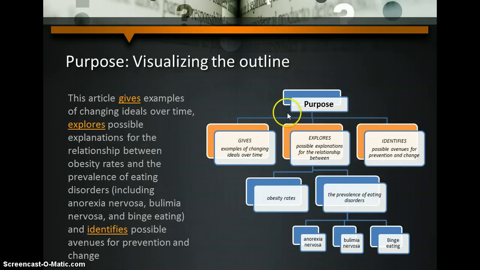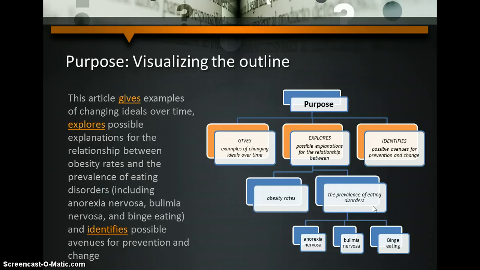And we can create a graph of this, or a graphic organizer. So we have gives, explores, identifies. What does he give? What does he explore? What does he identify? And we can see which one of these he's going to go into deeper information. Obesity rates, prevalence, and here we have examples of eating disorders.